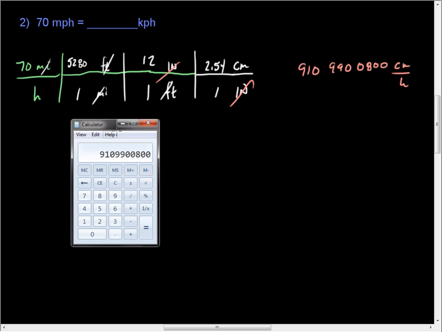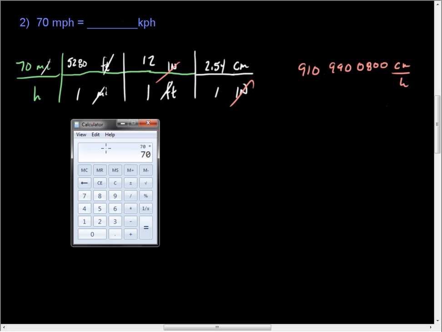I don't like that number. Something happened here in the multiplication. 35, 350. Yeah, that doesn't make any sense.